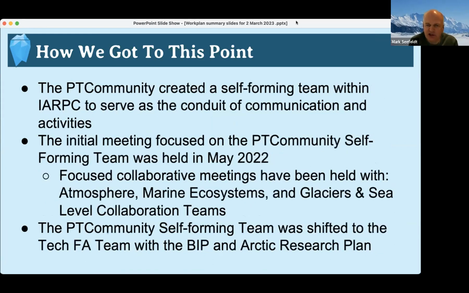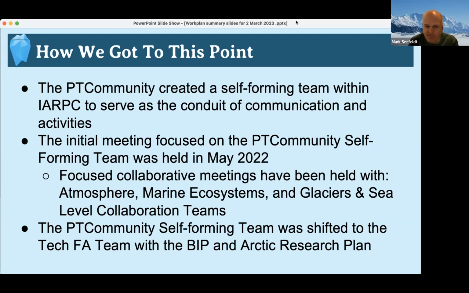To establish the year-round communications activities, we created a self-forming team within IARPC to serve as a conduit of communication activities. For various reasons, including COVID, the self-forming team was fairly quiet for about 1.5 years. Then we had an inaugural meeting in May 2022.